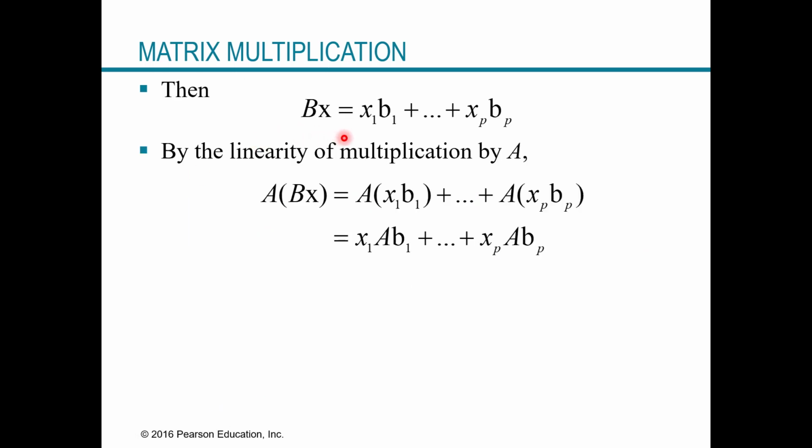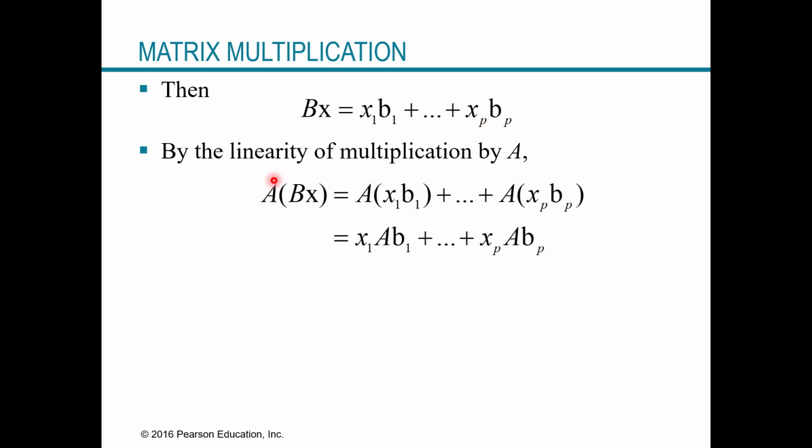And so B times X is just X1 times B1, or the first entry in X times the first column or vector of B, and then the second entry of X times the second column of B, and so on.